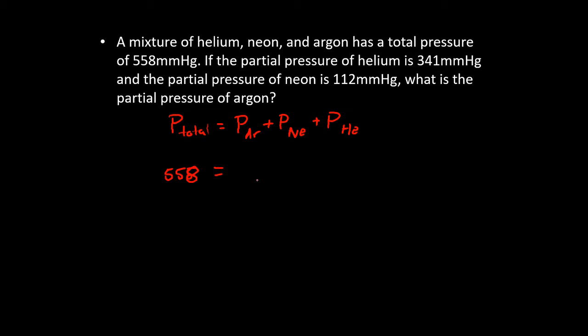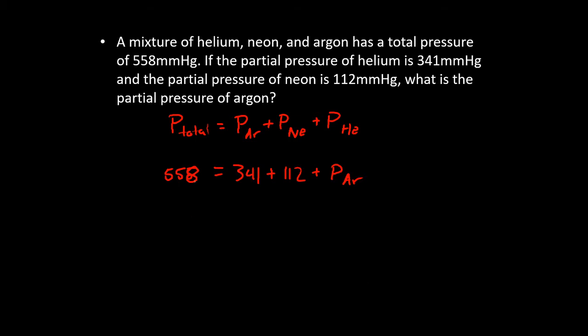The partial pressure of helium is 341. Neon is 112. And we're asked to find the partial pressure of the argon. So this is going to be just a simple subtraction.